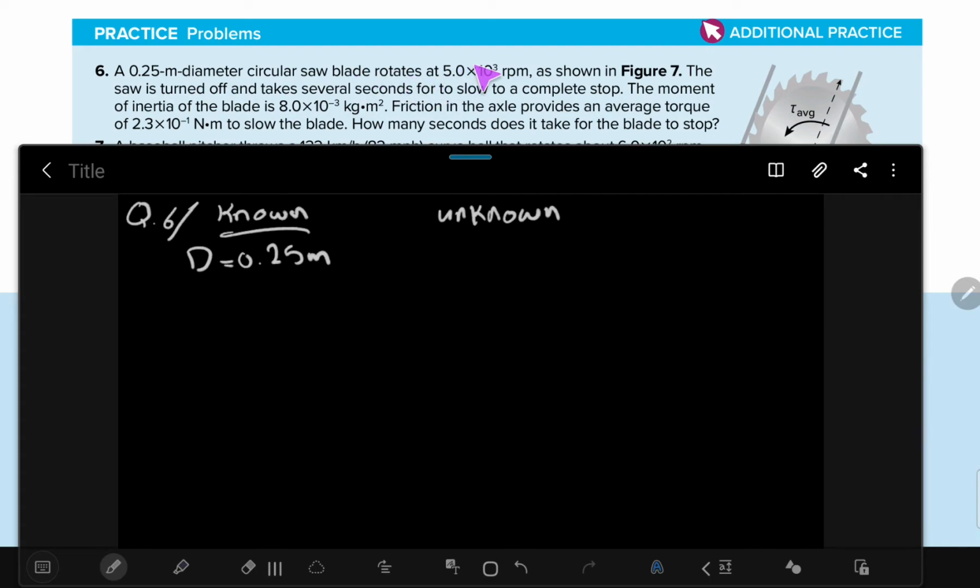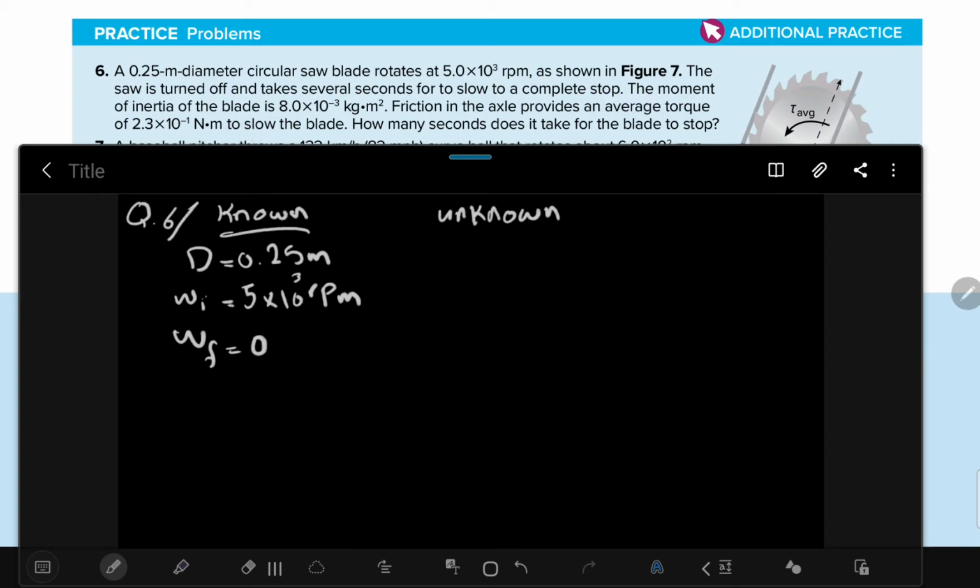Rotates at 5 times 10 to power 3 RPM, so I have omega initial, which is equal to 5 times 10 to power 3 RPM. The saw is turned off and takes several seconds to slow to a complete stop. Because we have a stop, the omega final is equal to 0.